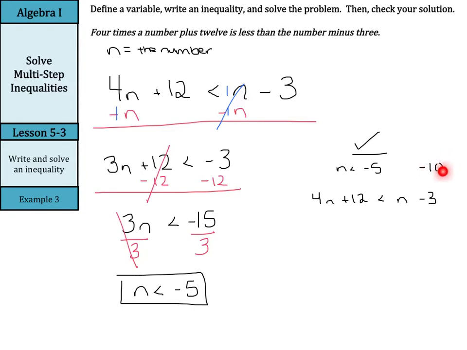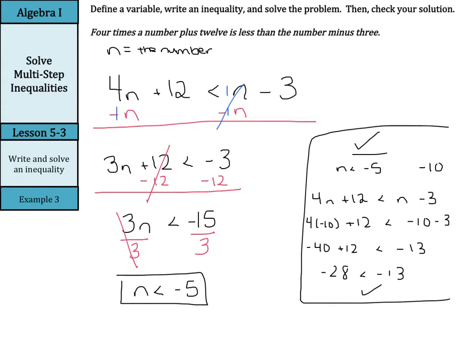We're going to put the negative 10 in for our n's. So 4 times negative 10 plus 12 must be less than negative 10 minus 3. 4 times negative 10 is negative 40, plus 12 is less than negative 13, and negative 40 plus 12 is negative 28, and negative 28 is less than negative 13, so it checks out.